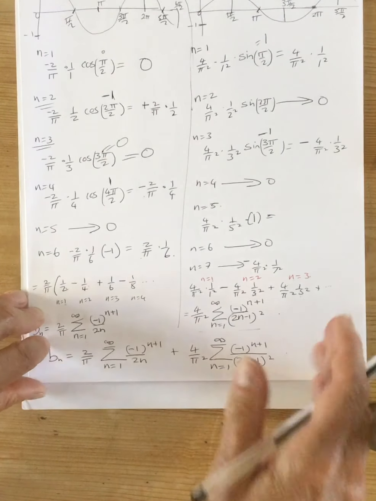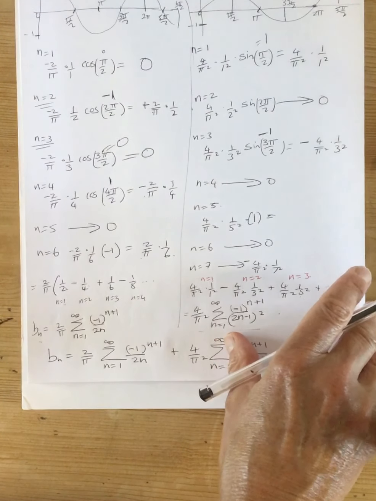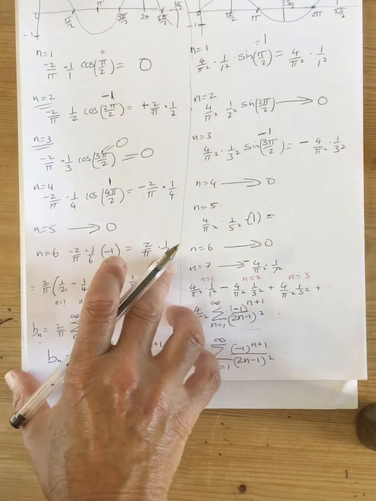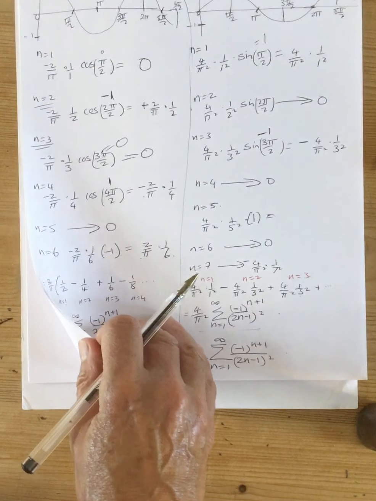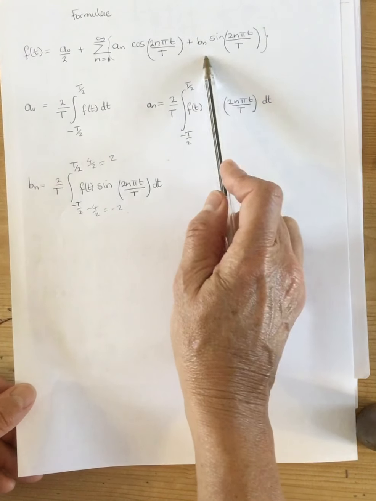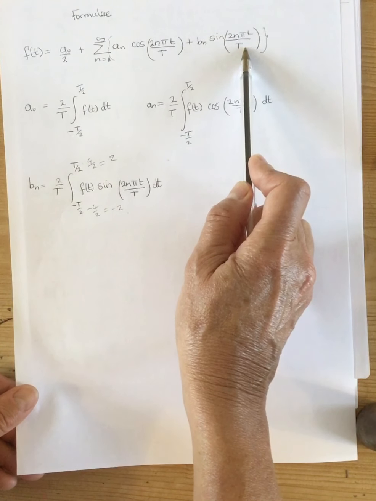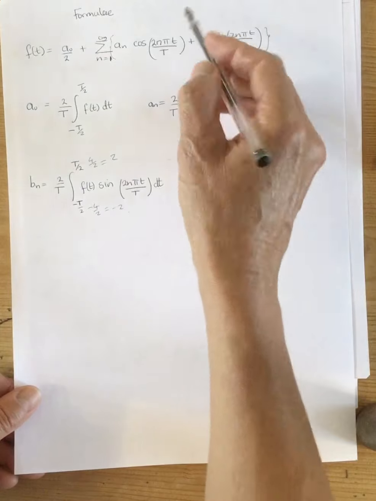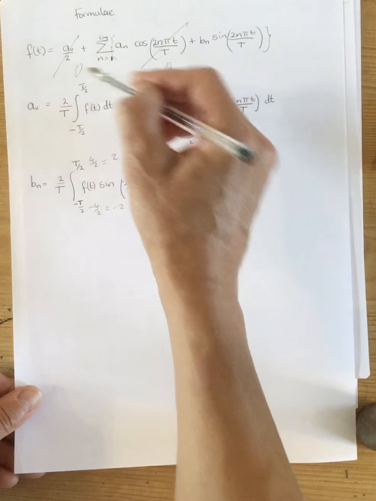Now it's nearly done, because all we have to do according to the formula now is multiply the bn by the sine 2n pi t over capital T. We know that that was 0, and we know that that was 0.